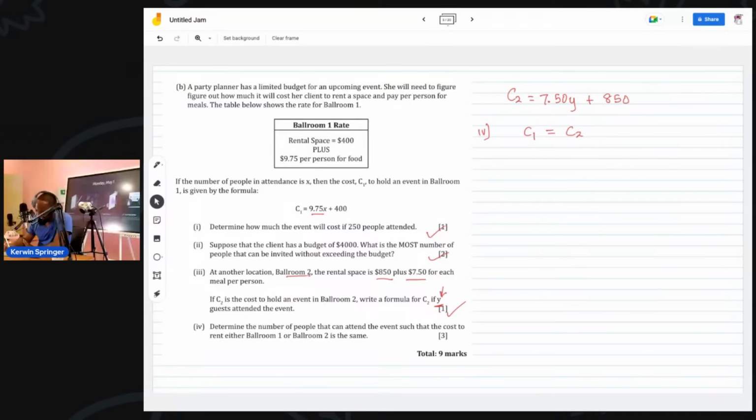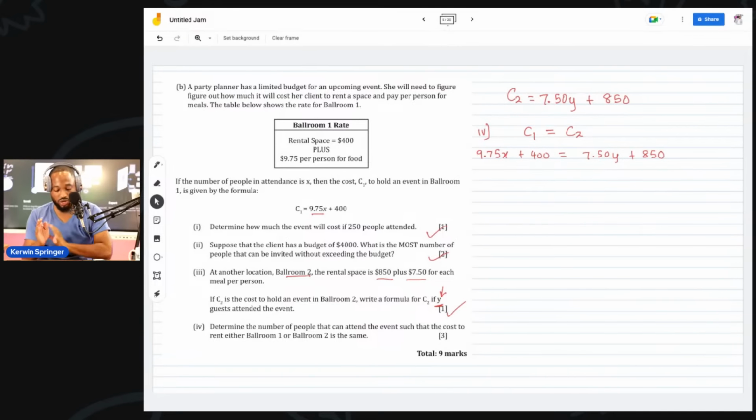But C1 is 9.75x plus 400, which is equal to C2, which is 7.50y plus 850. But in this situation, we want C1 to be equal to C2. So therefore, the number of people will be the same. So in this case, x is really equal to y.